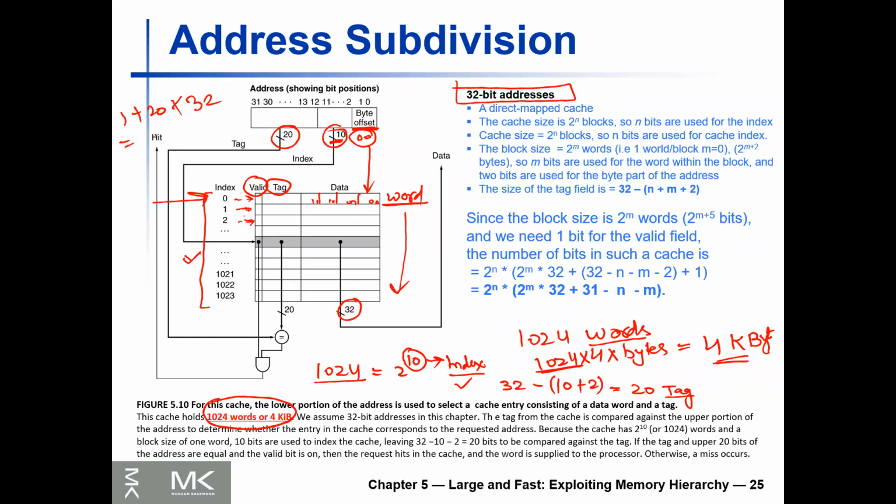Yani, total we are having 53 bits per block. Are you getting my point? Yes. And how many blocks are there? So this many bits are stored in this cache. Getting this point now? Yes.